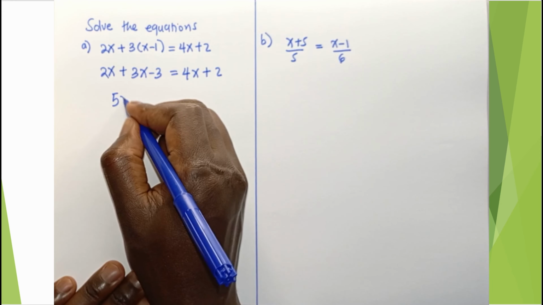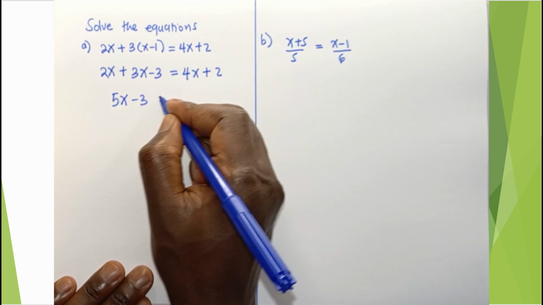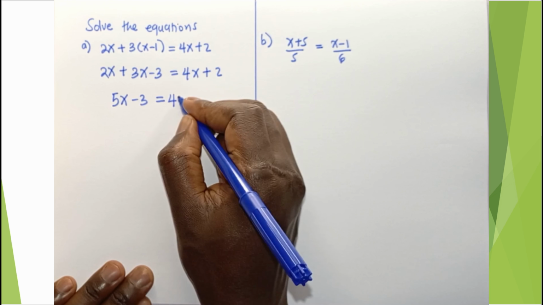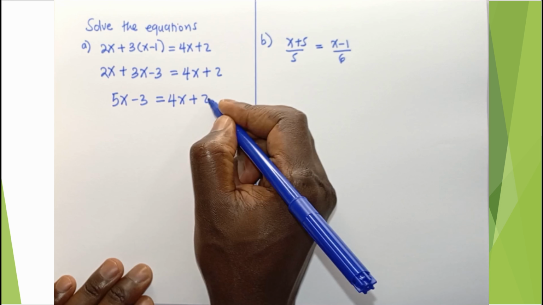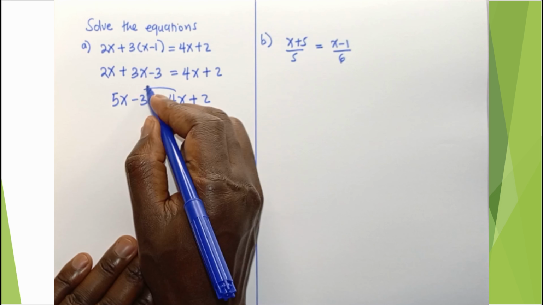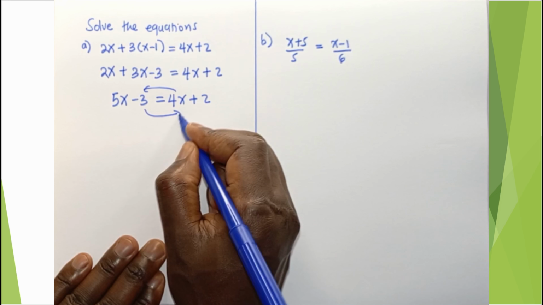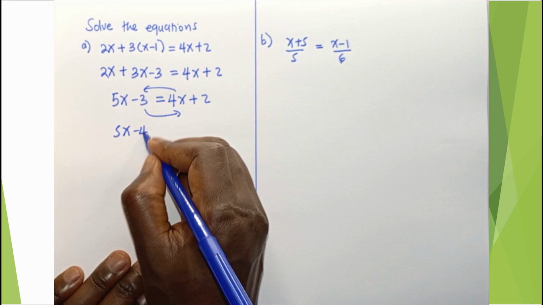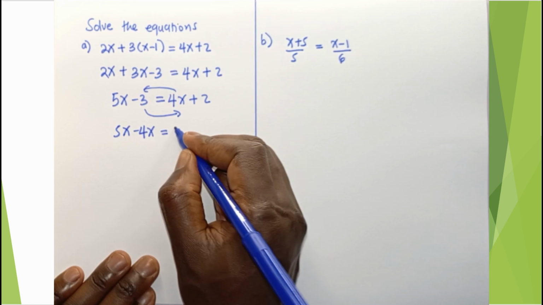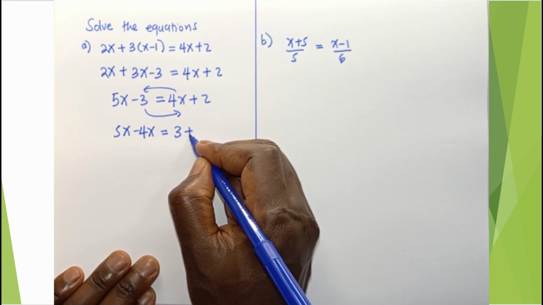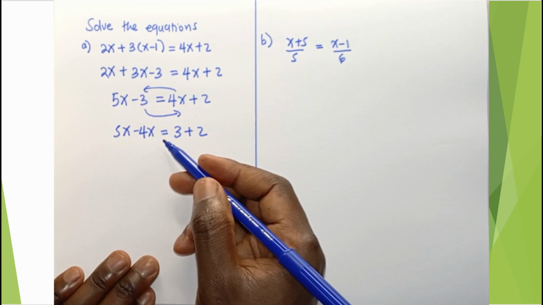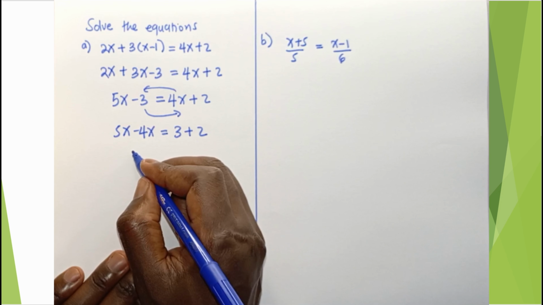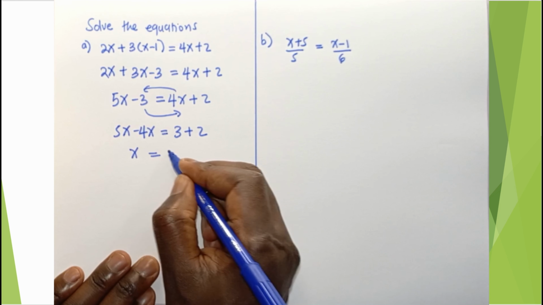So when you sum up the x, you have 5x minus 3 is equal to 4x plus 2. Now collecting like terms as usual, when a negative crosses an equal sign and a positive crosses an equal sign, you have 5x minus 4x is equal to 3 plus 2. Simplifying, we end up having x as 5.